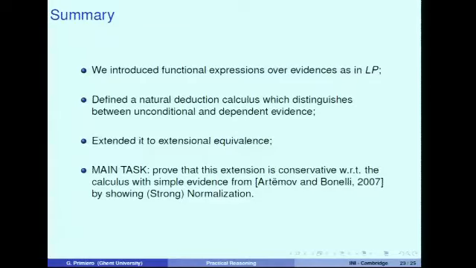This can be extended to extensional equivalence pretty much in the same way that extensional equivalence is proved in theories of dependent types, and the main task at this stage is to prove that the extension by dependent evidence is conservative with the calculus of simple evidence in terms of strong normalization. And I think that's it.